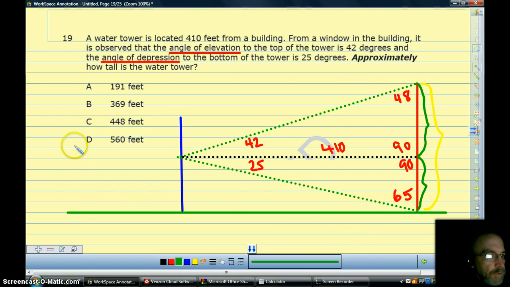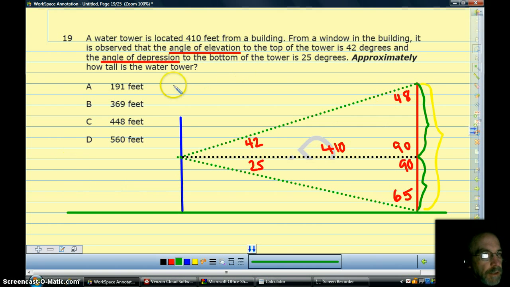So we'll do that by using law of sines, because since we have an angle and the length of a side across from it, then we know when we have that, we're going to use law of sines to figure this out.